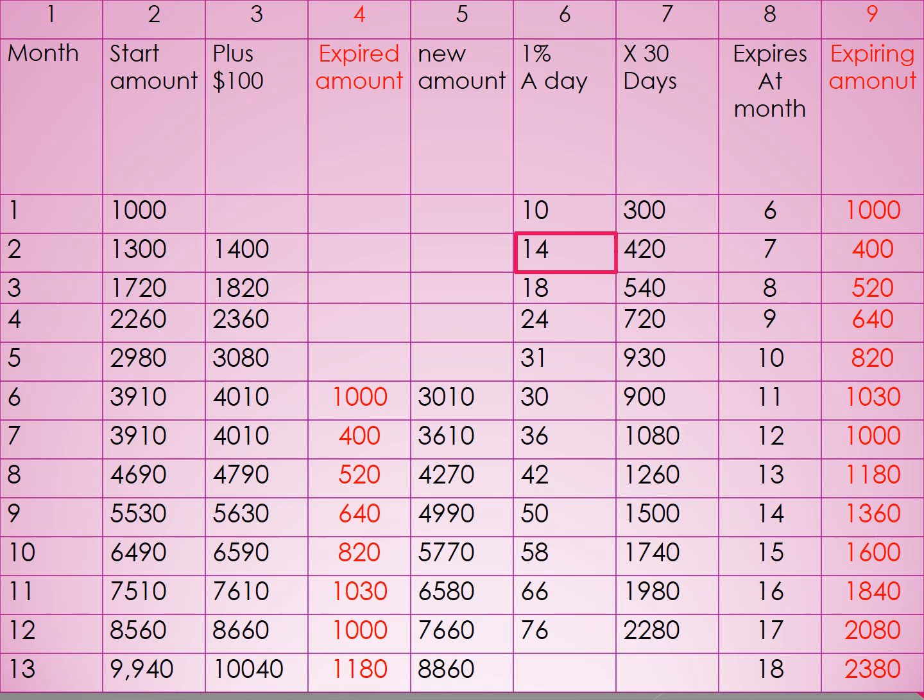So we're going to go with that 1% a day for simplicity. So you're going to earn on average $14 a day. Then we slide over to column 7, row 2. That's going to be $420 for the month, because you're going to earn $14 for 30 days, which is going to total $420 profit share for that month.